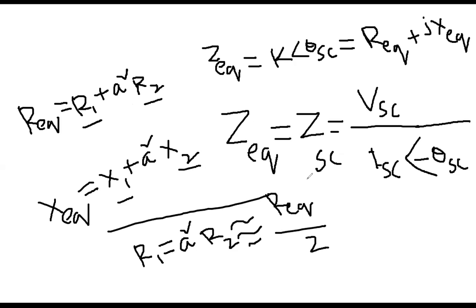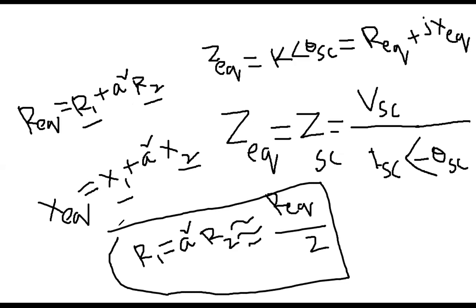You have to make this assumption. This is true for a realistic, well-manufactured, well-designed transformer. You are getting the R equivalent value from here, and you need to know R1 and R2. That's why you make this approximation: R1 equals A squared R2, which is almost equal to R equivalent by 2.